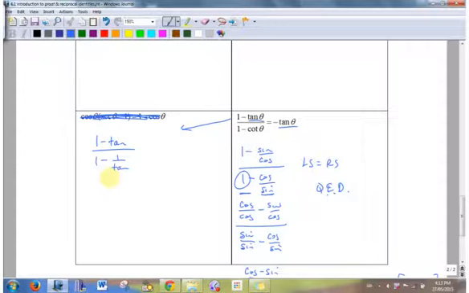Now I want a common denominator to be a tangent. So there's my numerator. Tangent over tangent is the same as 1. So I got 1 minus tan over, this is tan minus 1, over tan, my common denominator.